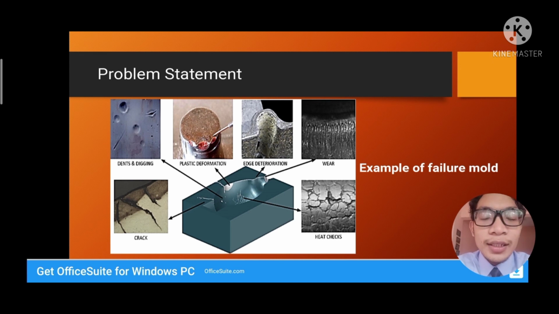For your information, if the mold cracks, it may be due to the higher pressure we put in the mold, and when the mold has a heat crack, it means high temperature was applied to the mold.